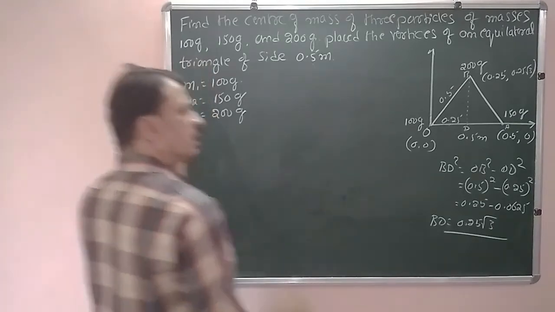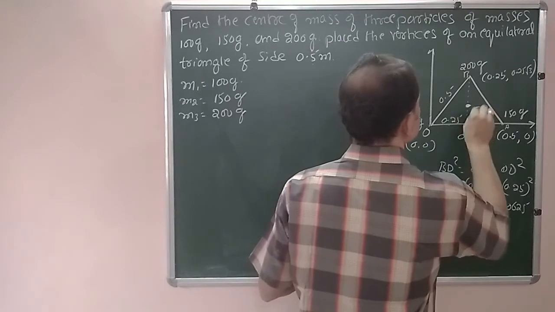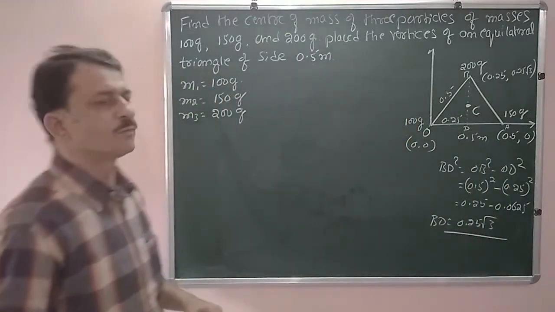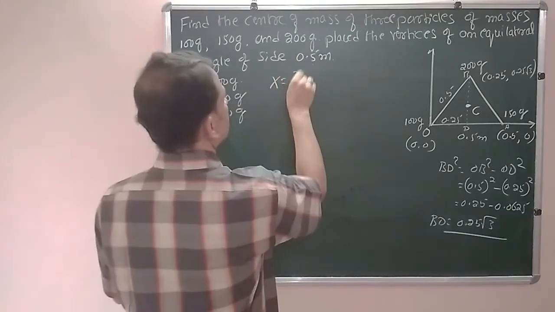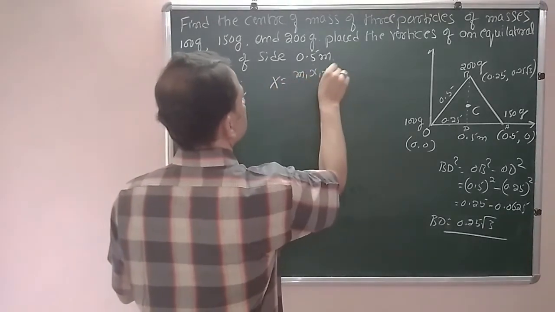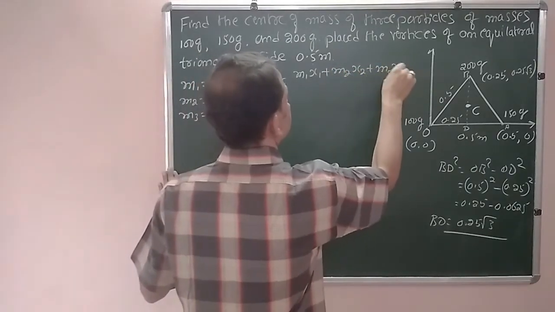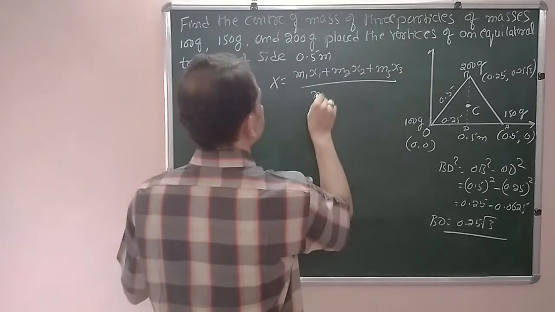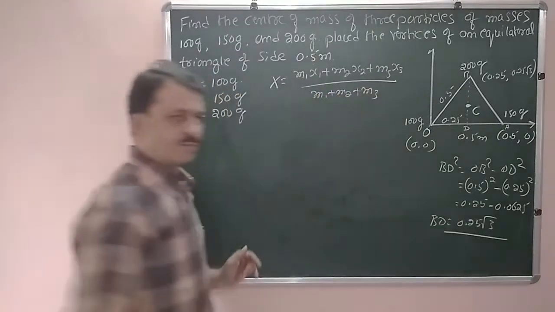Now, where is the center of mass? Assume that here is the center of mass, C. The x coordinate of the center of mass is given by the formula m1 x1 plus m2 x2 plus m3 x3 divided by m1 plus m2 plus m3, which we know.